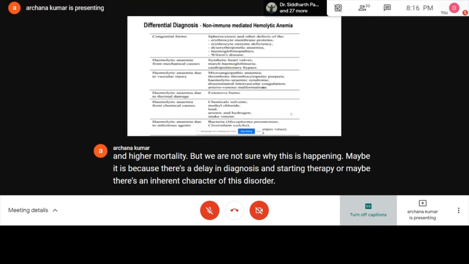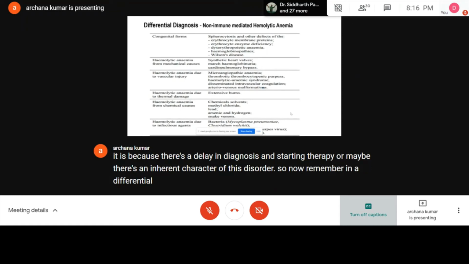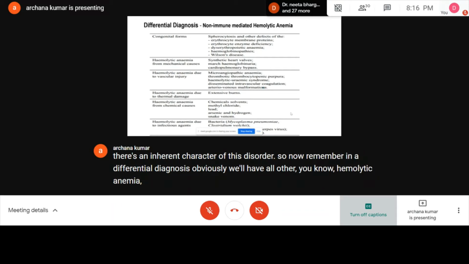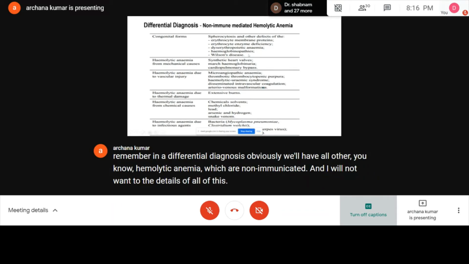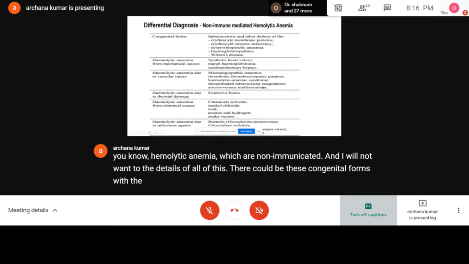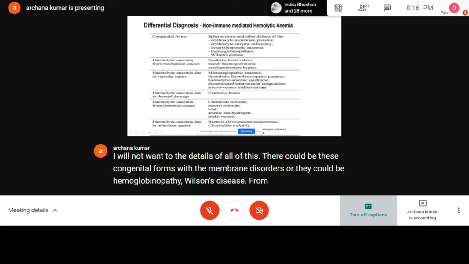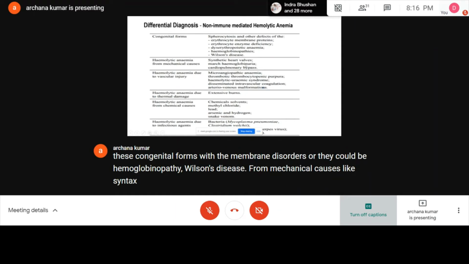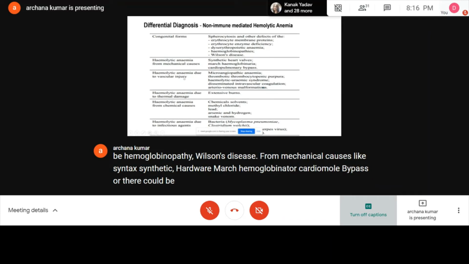Now remember, in a differential diagnosis, obviously we'll have all other hemolytic anemias which are non-immune mediated. I will not go into the details of all of this. There could be congenital forms with membrane disorders, or hemoglobinopathies, Wilson's disease, mechanical causes like synthetic heart valves, March hemoglobinuria, or cardiopulmonary bypass, or vascular injury, which is microangiopathic hemolytic anemia.